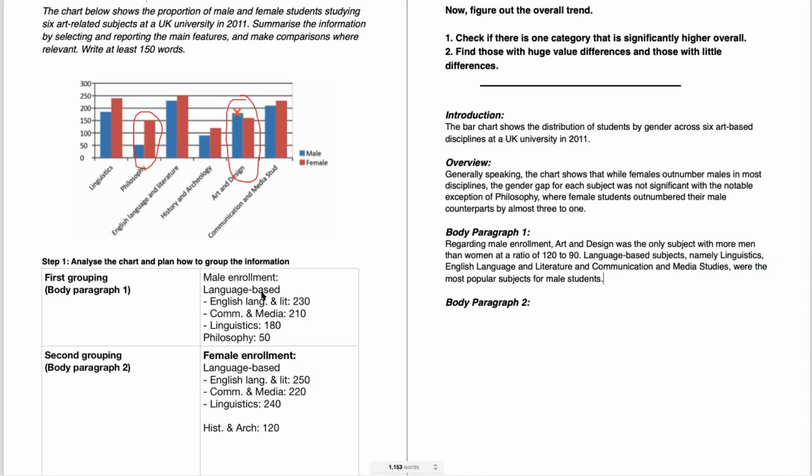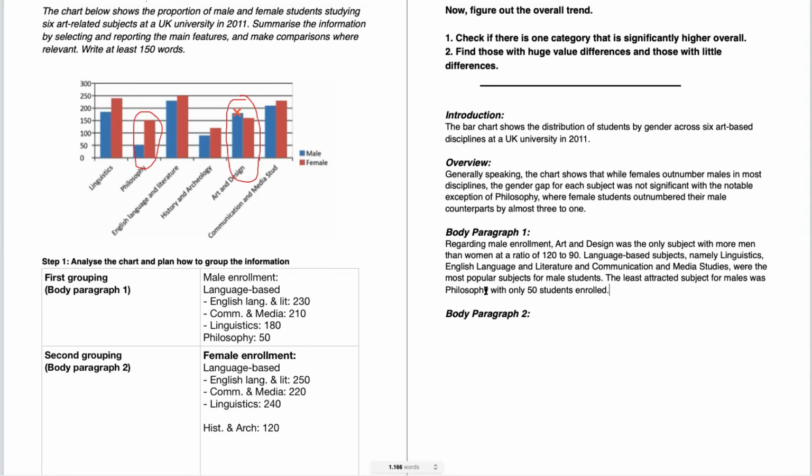And then I'm just going to say the least, which would be philosophy. Again, I want to show a bigger gap. So I would say the least attracted subject for males was philosophy, with only 50 students enrolled. Okay, and that is exactly what we had for our outline.